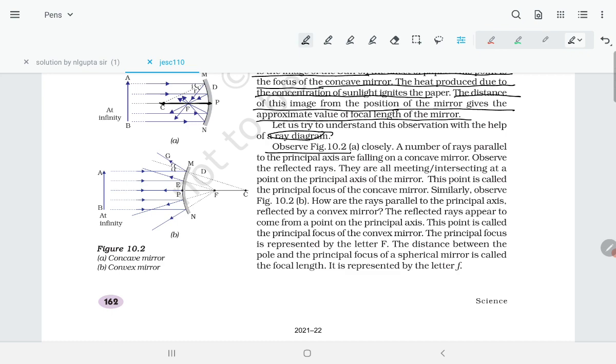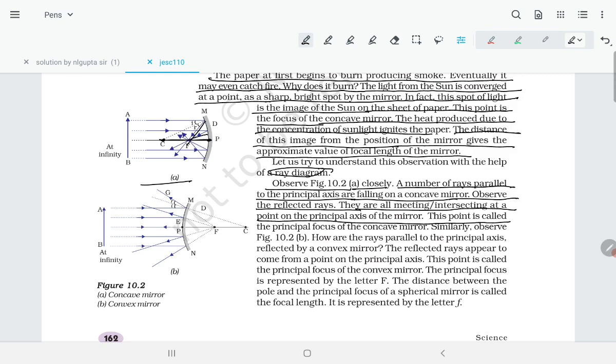Observe figure 10.2a closely. A number of rays parallel to the principal axis are falling on a concave mirror. Observe the reflected rays. They are all meeting at a point on the principal axis of the mirror. This point is called the principal focus of the concave mirror.